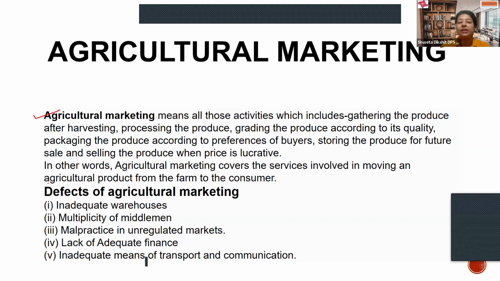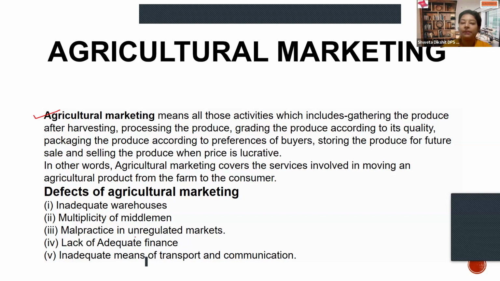Then multiplicity of middlemen. There is a serious problem that there is interference of middlemen. Middlemen are found everywhere in India, although there have been multiple rules and regulations against it. Even then, the Indian government has not been able to root this out. Then malpractices and unregulated markets.